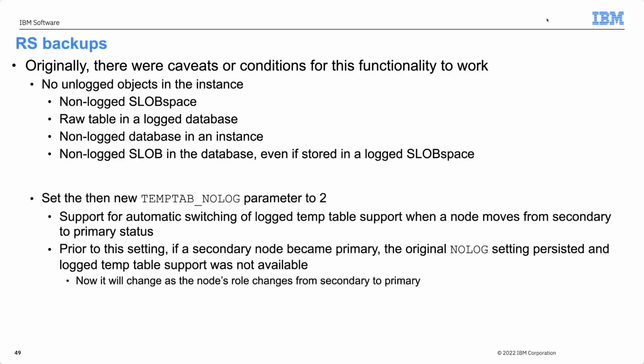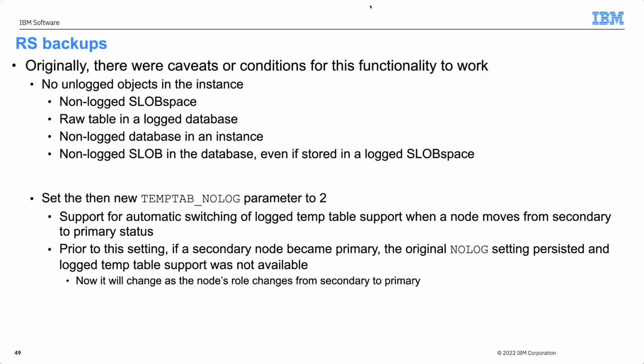Under the FC6 version of this technology, you could not have any unlogged objects in your instance if you wanted to back up from the secondary. That meant no unlogged smart blob spaces, no raw tables, no unlogged slobs, even if they were stored in a logged slob space, and so forth.